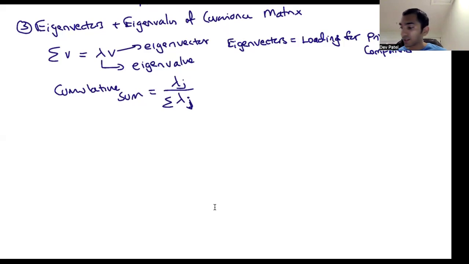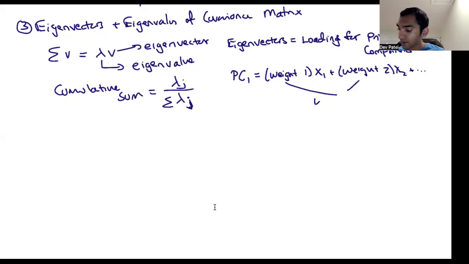So if we want to calculate principal component 1, we look at the weight or loading one times x1 plus weight two times x2, and so on. And these are what we call loadings.